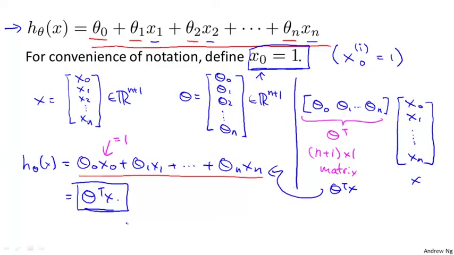So that's the form of our hypothesis when we have multiple features. And just to give this another name, this is also called multivariate linear regression. The term multivariate is just a fancy way of saying that we have multiple features or multiple variables with which to try to predict the value y.